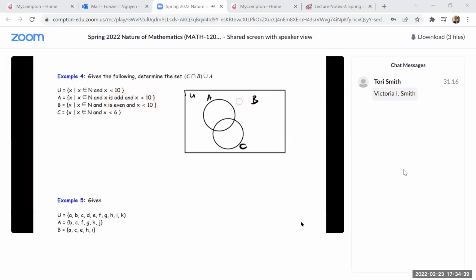No. So actually, I should draw the picture a little differently. Are A and C going to have anything in common? Let me see. Yes.